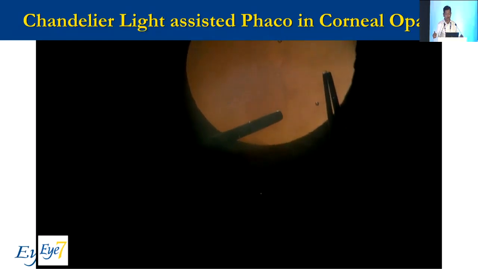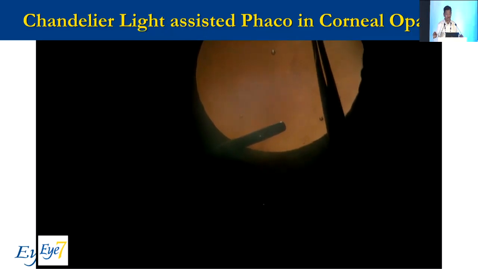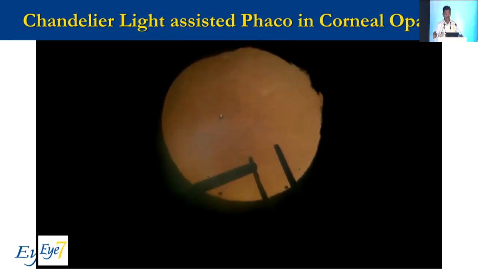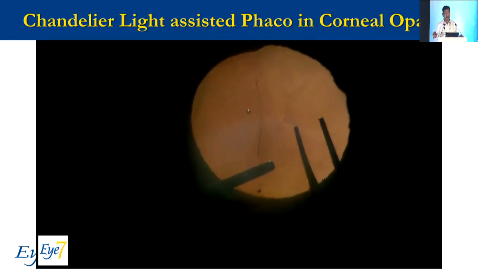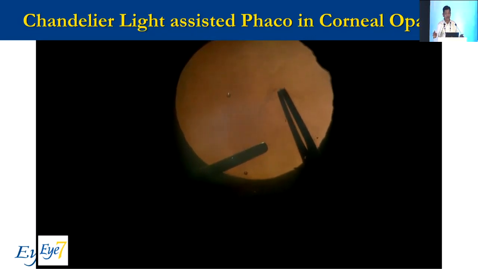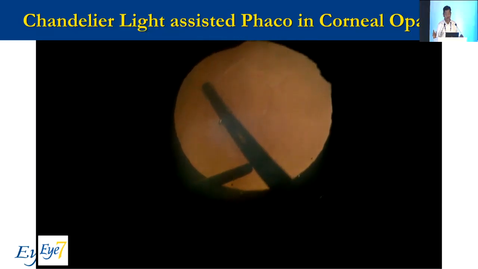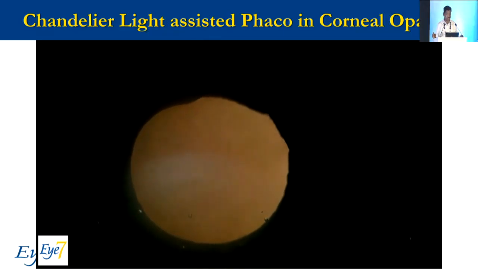So I've transitioned from the needle to the rhexis forceps, and I can complete my rhexis comfortably. I really don't feel the limitations of that dense corneal opacity which is diffuse in this eye.